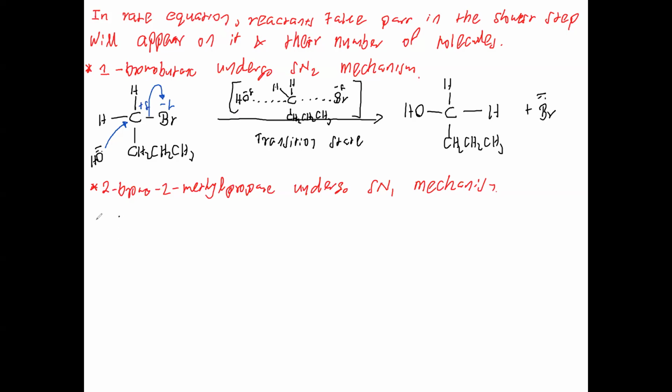This mechanism will take 2 steps. One is the slower step. In the slower step, what will happen? Leaving of Br minus ion and forming intermediate carbocation.